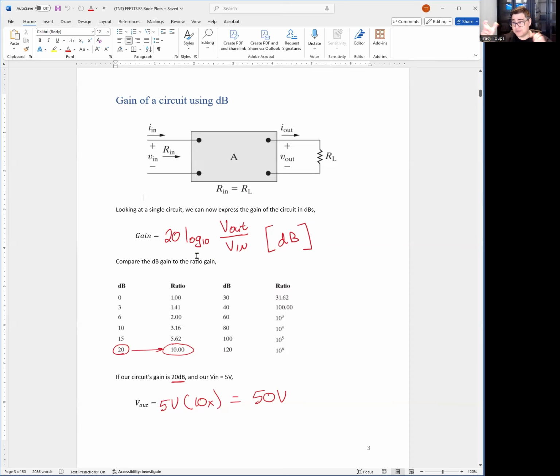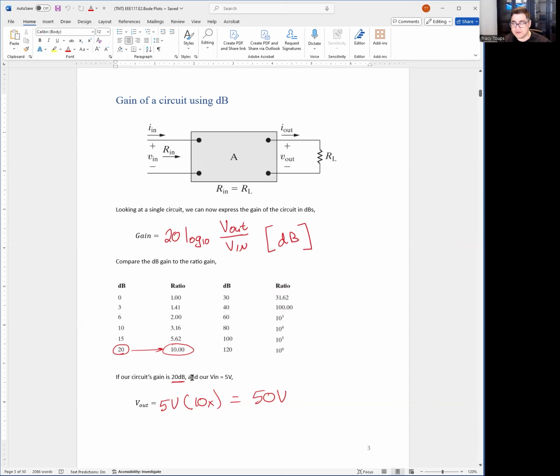Remember, logs and exponentials kind of go opposite directions. So as a linear increase in the dB scale, in the log domain, when you convert it back to the regular domain of ratios, every 20 you add a 0 to the end of the gain. So it could explode very quickly.